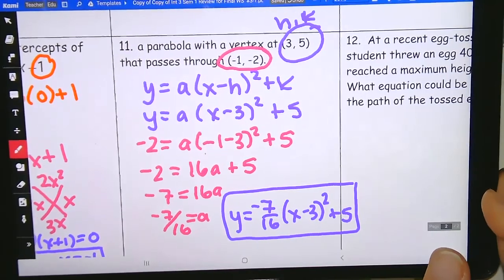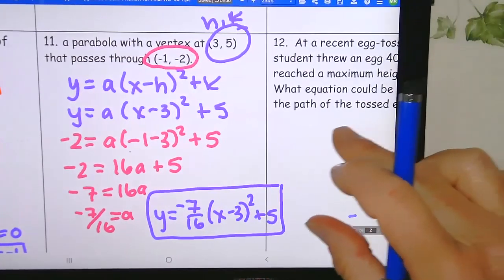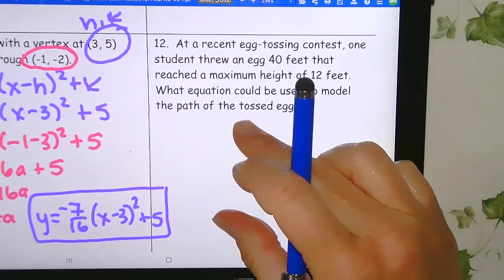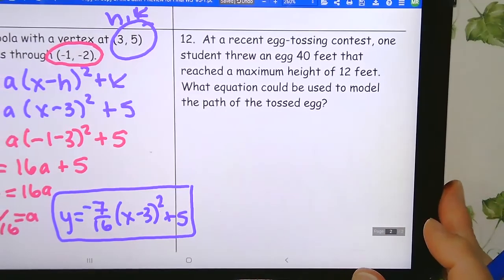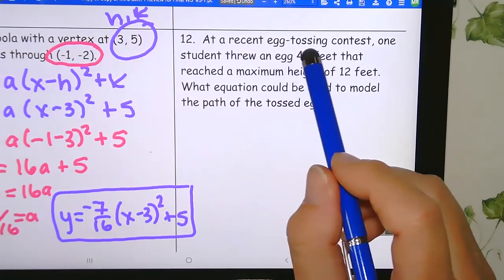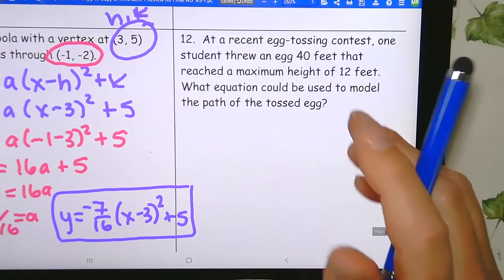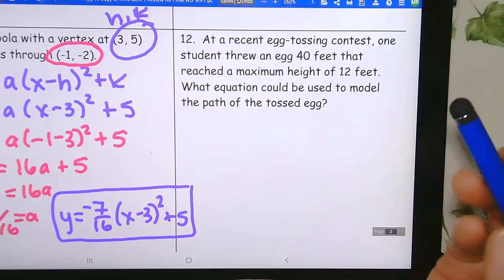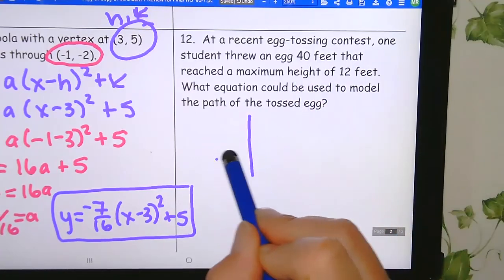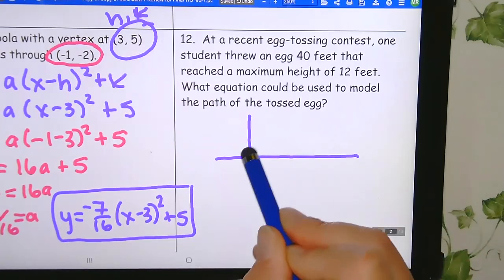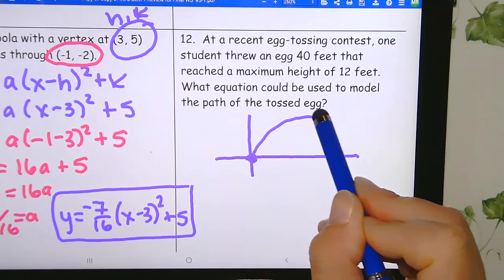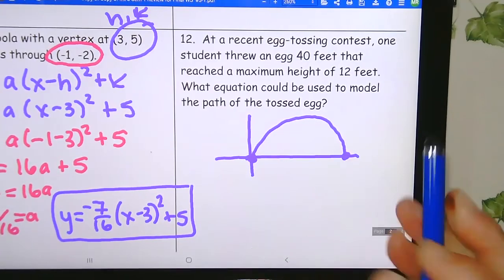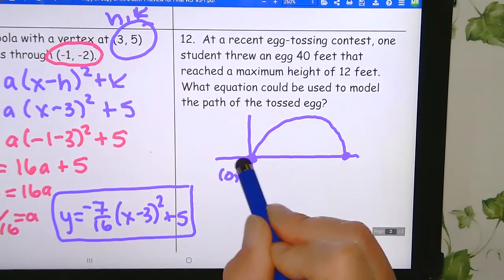On number 12, what we have here is an Easter egg tossing contest. So I'm going to start it at the origin, and I'm going to have it go 40 feet away. So here I'm at 0, 0.